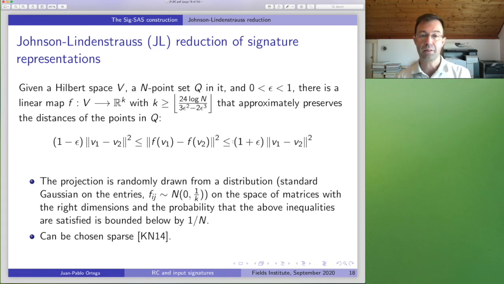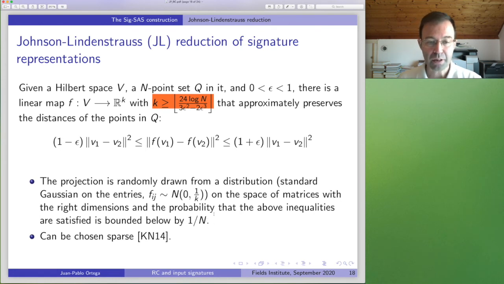And then there is this relation between the epsilon that you choose, how accurate you want to be in the distance, and the dimension of these random projections. So it's this formula that you see here. The more accurate that you want to be in respecting the distances between the projected points, the higher dimensional the projection will have to be.